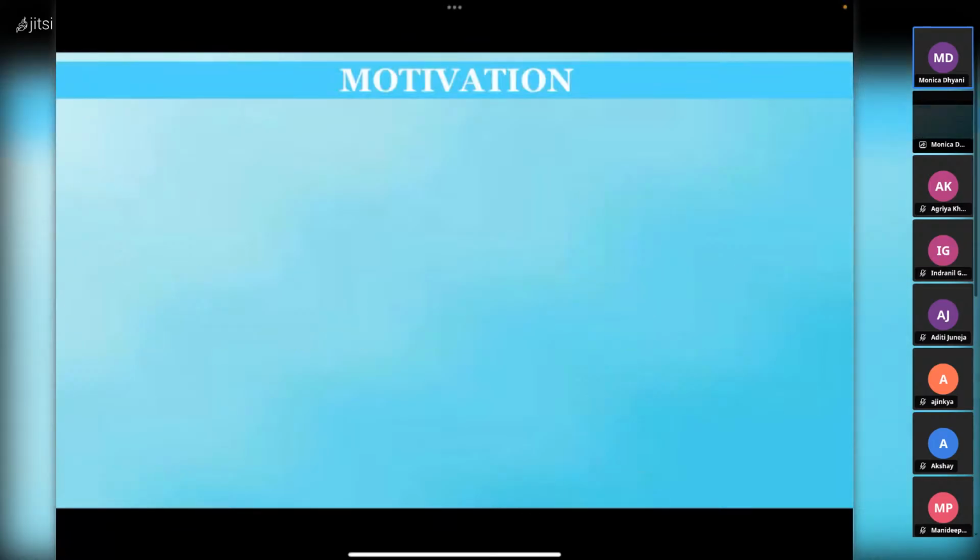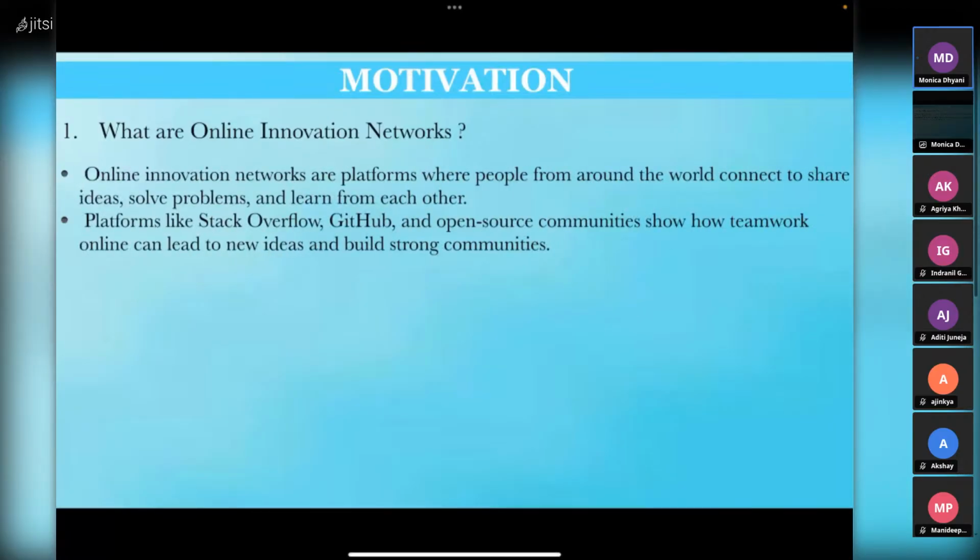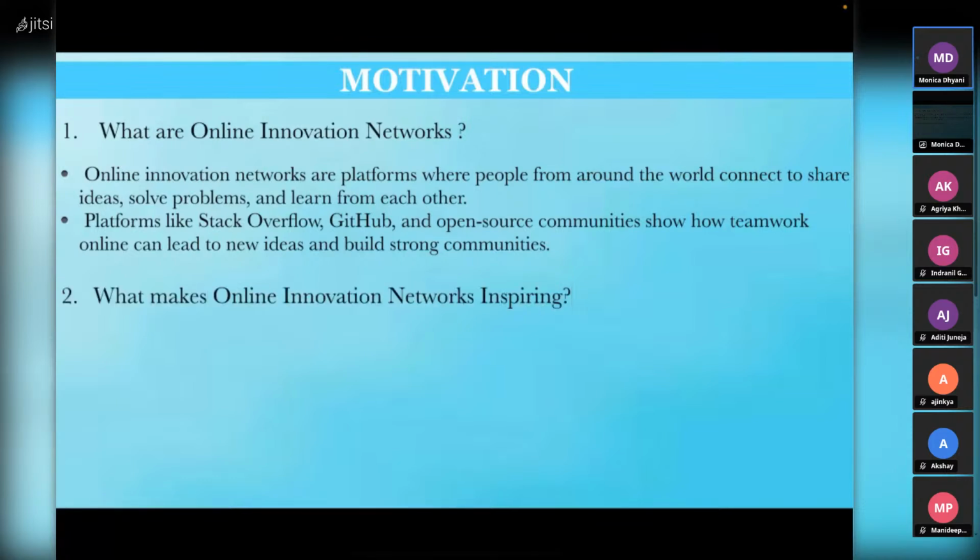So I begin with the motivation behind this research. For that, we need to understand what online innovation networks are. Online innovation networks are platforms where people from all around the world connect, share ideas, solve problems together and learn from each other. Platforms like Stack Overflow, GitHub, and open source networks exemplify this idea. Now, what makes online innovation networks inspiring?